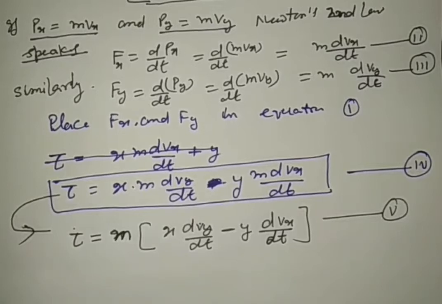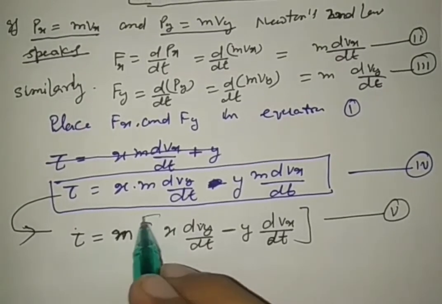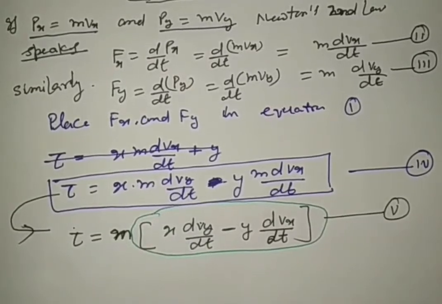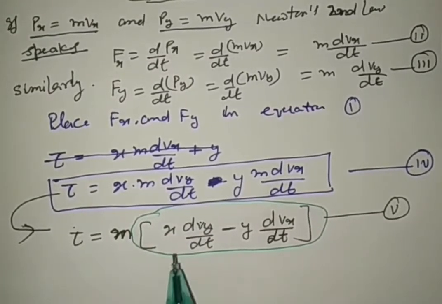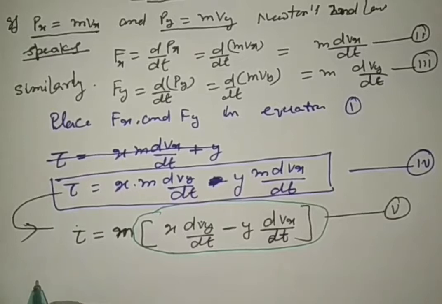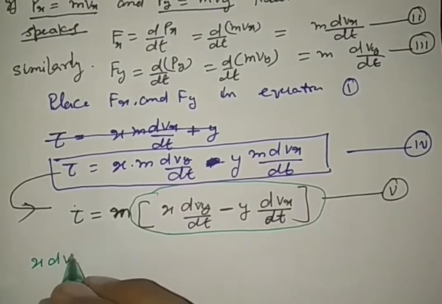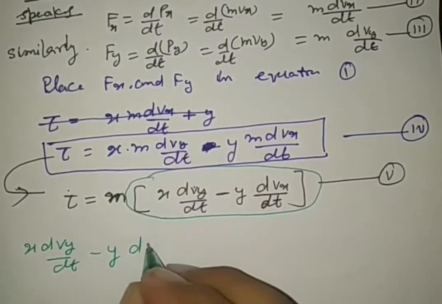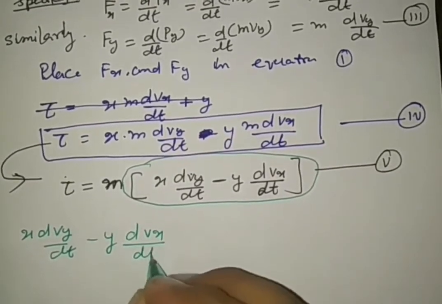Now see this boxed term. See how this boxed term can be written. It is x dvy by dt minus y dvx by dt.